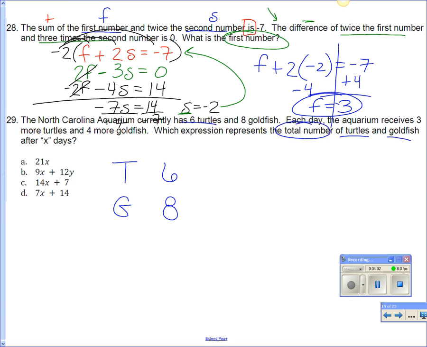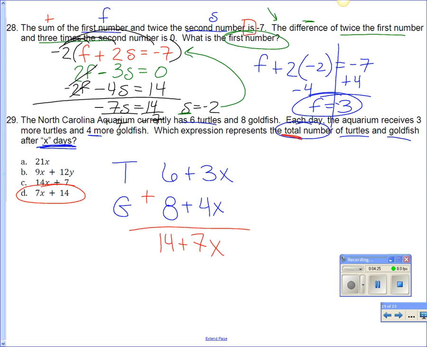Then each day, remember x is days, so I get 3 per day, so that would be 3x for turtles, and I get 4 more goldfish per day. Well, I still need to get the total of them together, so I'm going to add these, which gives me 14 plus 7x, which is D. Order doesn't matter, but x needs to go with the 7.